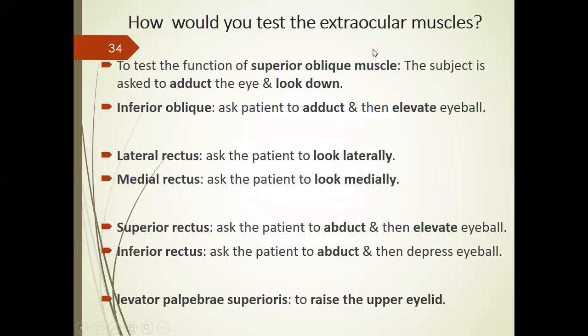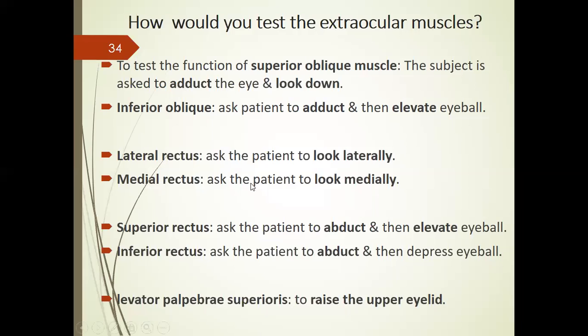Now, how would you test the extraocular muscles? To test the function of the superior oblique muscle, you ask the subject to adduct the eye and look downwards. To see the action of the inferior oblique, ask the patient to adduct and then elevate the eyeball. To test the lateral rectus, ask the patient to look laterally.